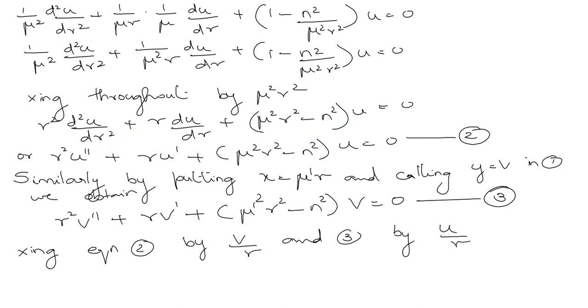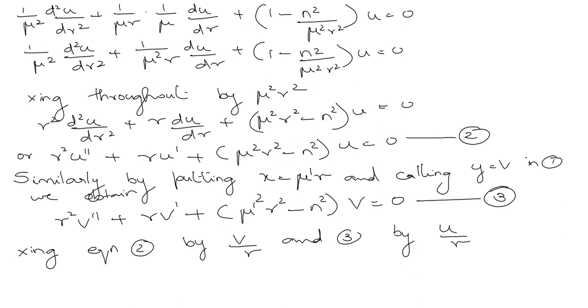Now instead of d²u/dr² we can write u double dash, and instead of du/dr we can write u dash. So that is the next equation: r²u'' plus ru' plus (μ²r² minus n²), the whole thing into u is equal to 0.